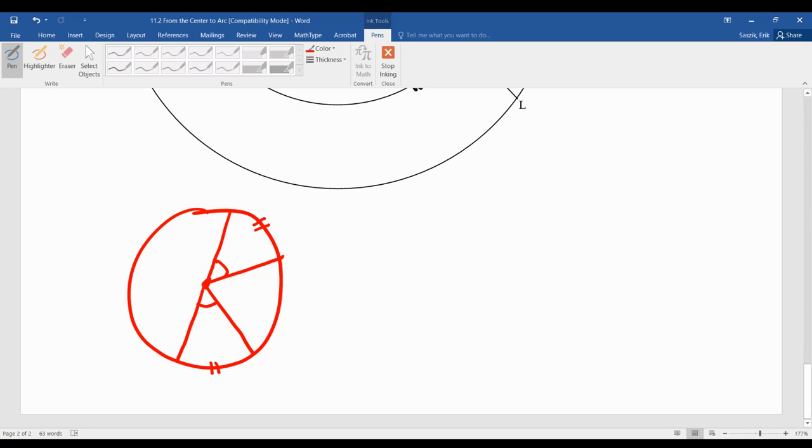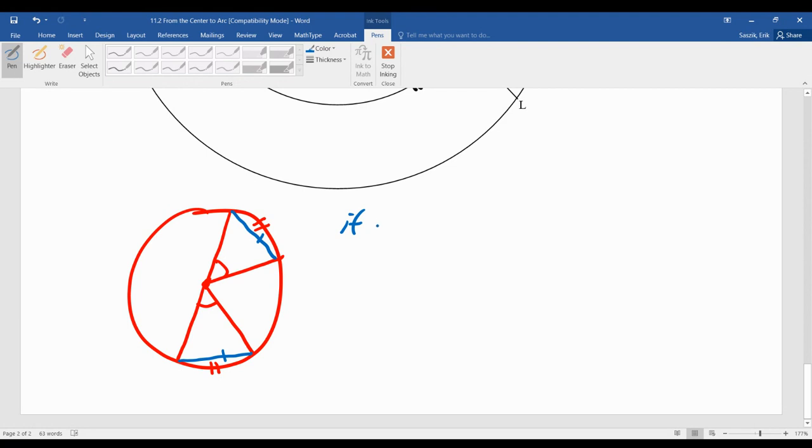But there's other parts that we have to consider as well. We could also, this central angle, if we connected those two parts, we create a chord. Let me do that in a different color. So we have that chord and we have that chord. But if you have congruent arcs, then the corresponding chords are congruent.